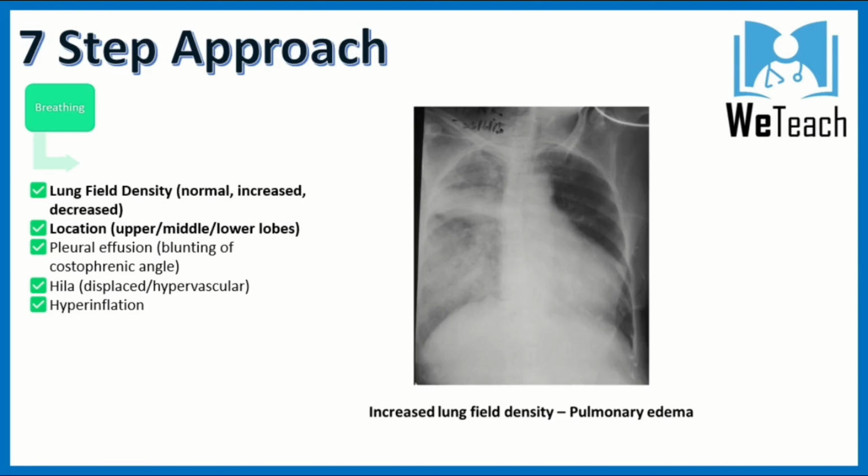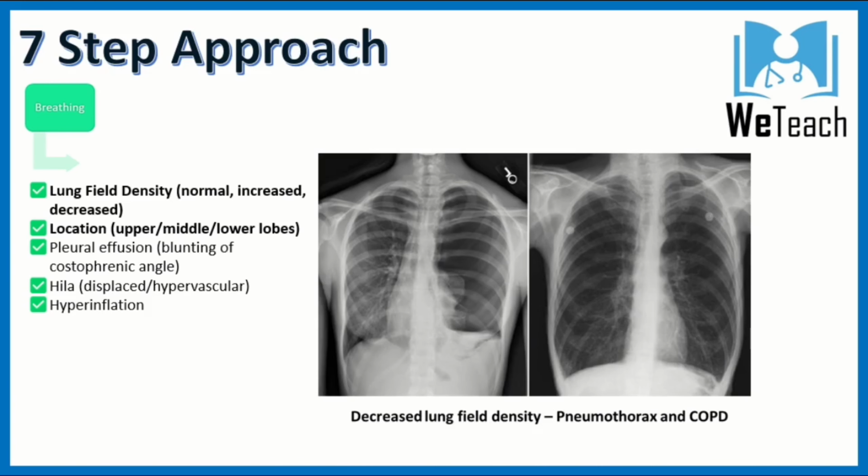If there's increased lung field density, it could be because of airspace disease such as pulmonary edema in this chest x-ray and other airspace diseases such as pneumonia, masses, pleural effusions, or atelectasis. Decreased lung field densities can happen in pneumothorax and in COPD.